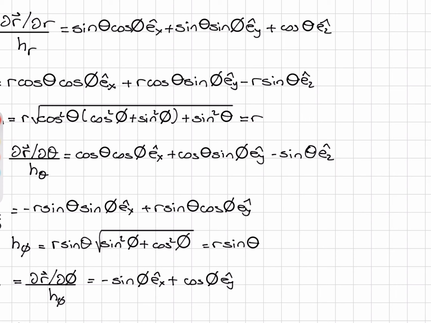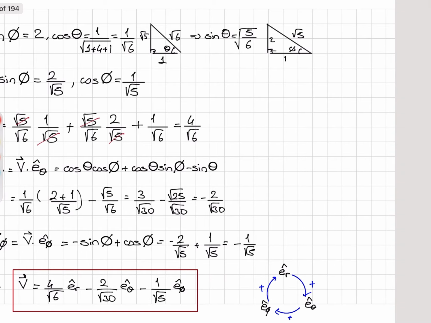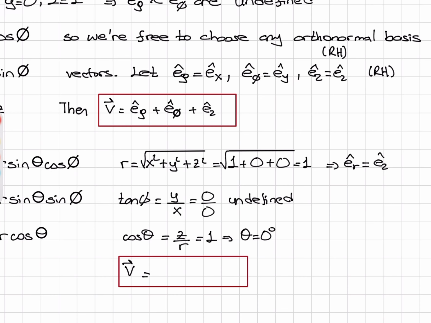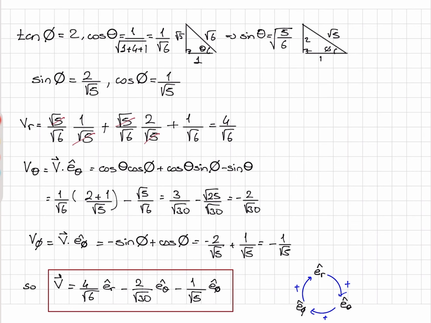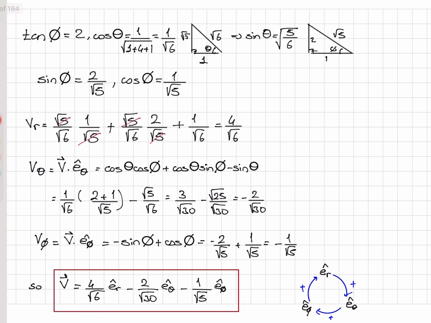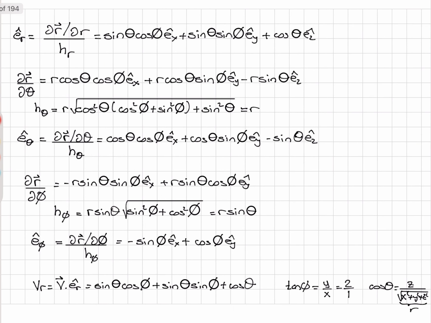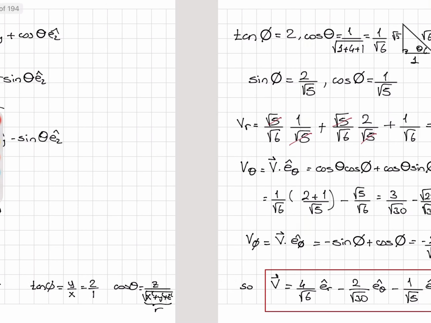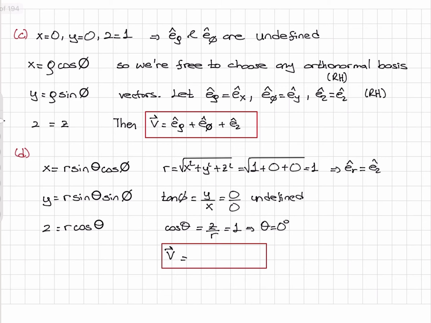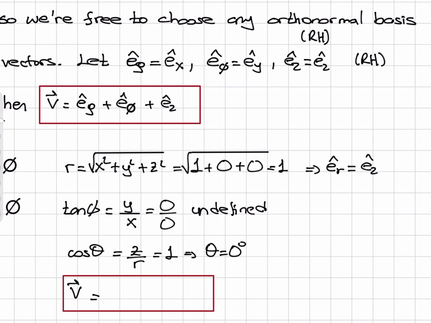The angle theta is equal to 0 degrees, so this is 0. So these are cosine phi ex hat plus sine phi ey hat, but phi is undefined. So for e theta hat, and e phi hat also, let me take a look at e phi hat as well. For e phi hat, I also have undefined phi, so it's undefined.